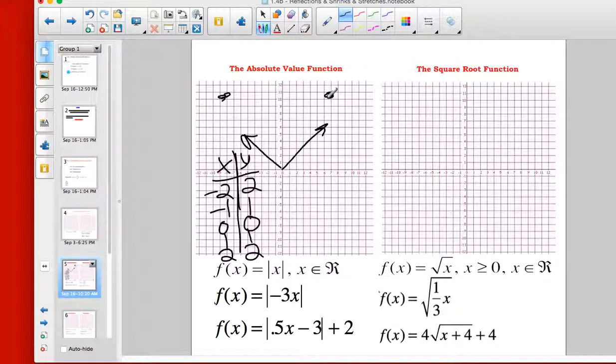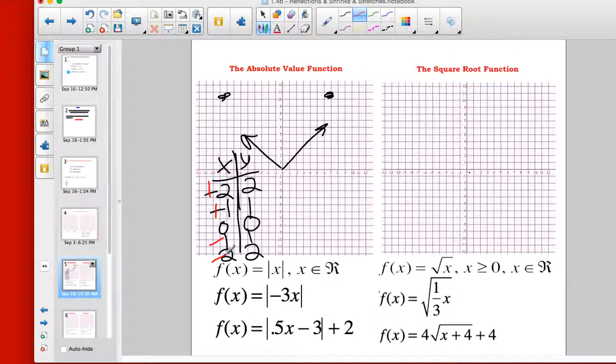The y value stays exactly the same. It's the x value that changes. So we want to make all of these x values the opposite. So instead of -2, we're going to have +2, +1, 0 is still 0, but 1 becomes -1, and 2 becomes -2.